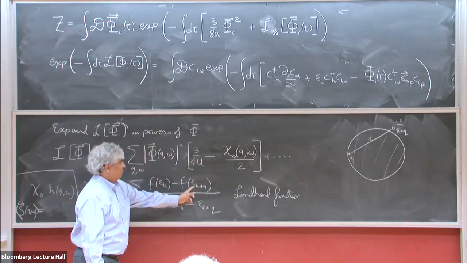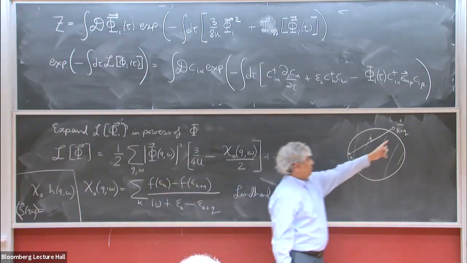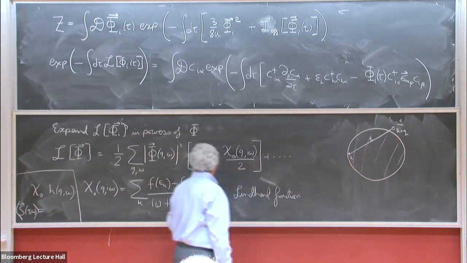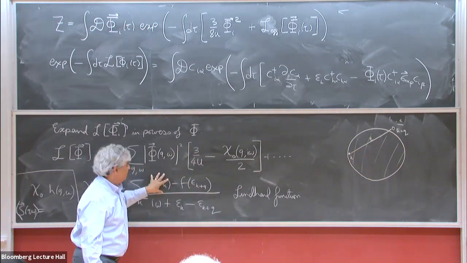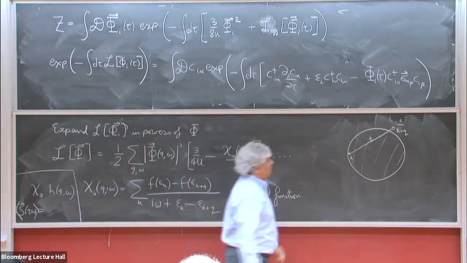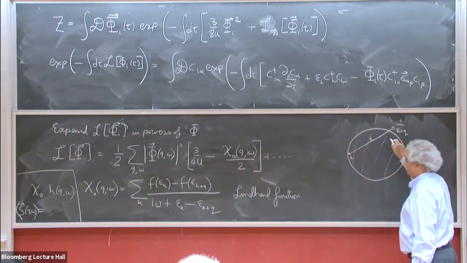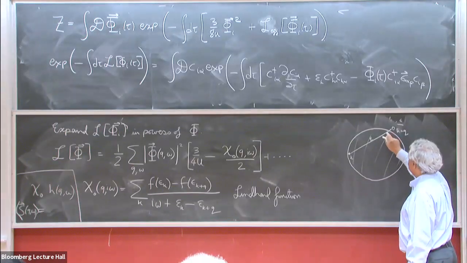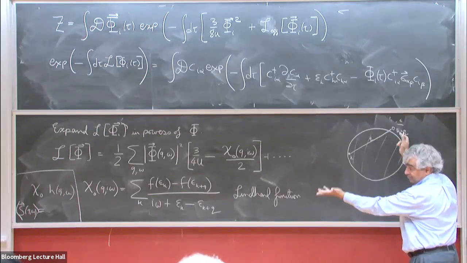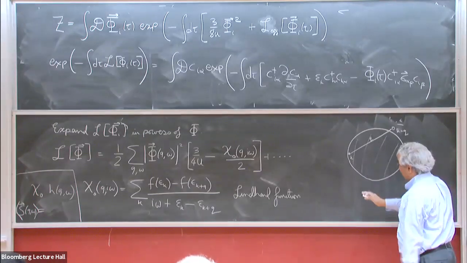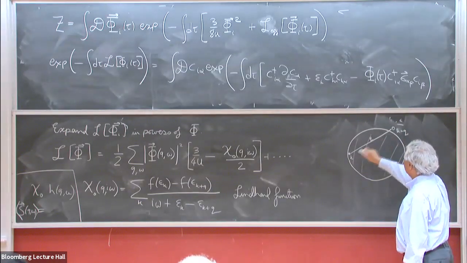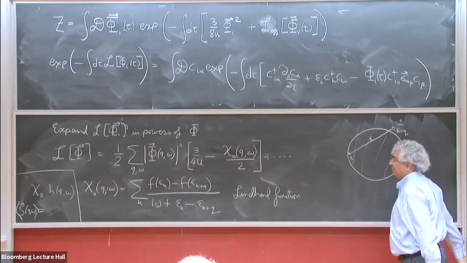Okay, so f of EK plus Q is 0 and f of EK is 1, so you get a 1 in the numerator, and so this is allowed. But if this last state was inside the Fermi surface, you get 0, so you ignore that. So you're always taking states from inside to outside or vice versa.